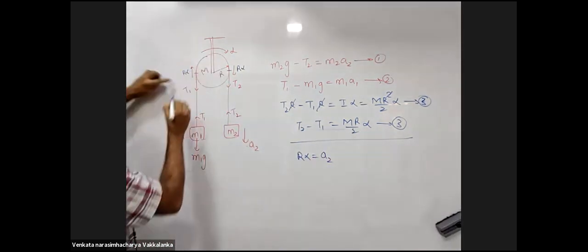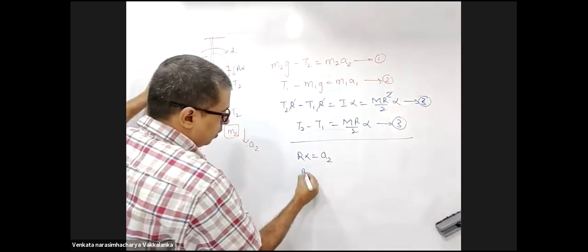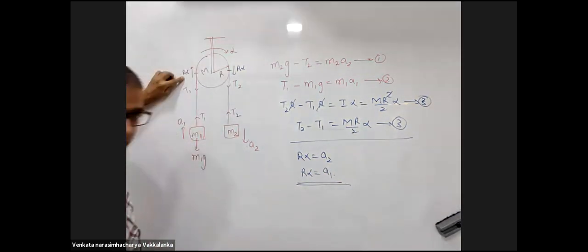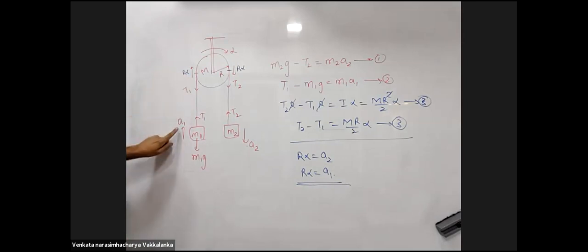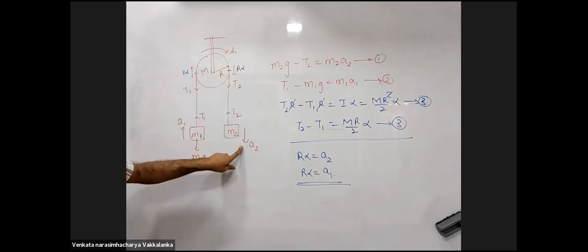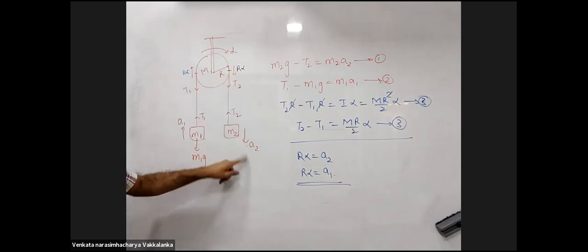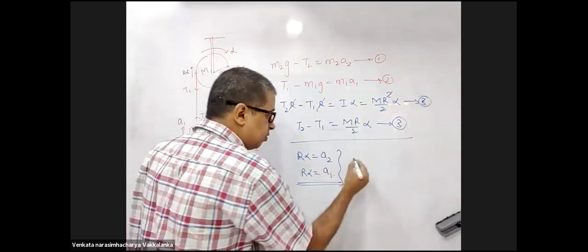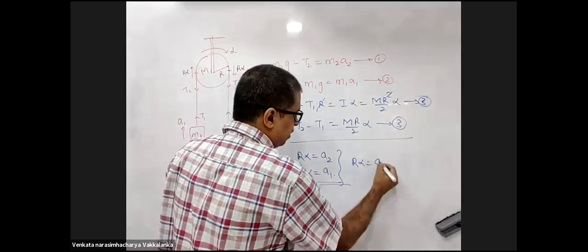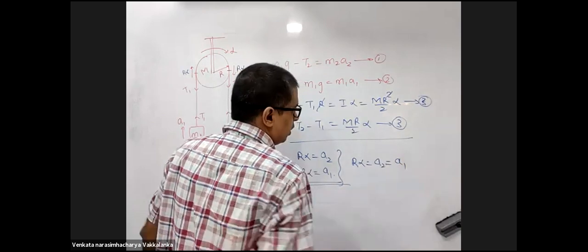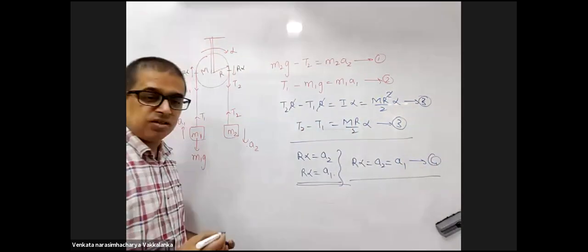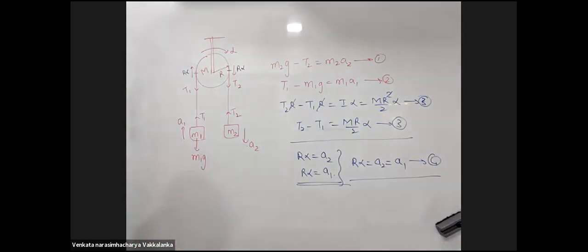Now R alpha is equal to A1. Now from these two equations, I'll get A1 is equal to A2. R alpha is equal to A2 is equal to A1 is my fourth equation, which is the constraint relation.